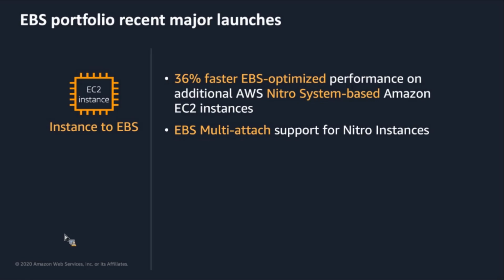If you deployed some of these servers before December 2019 and got a boost from 14 gigabits per second to 19 gigabits per second, you need to stop and start to gain the additional performance enhancements.